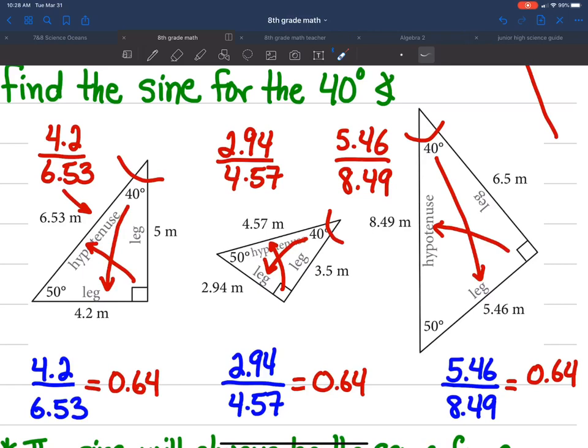Similar means that their angles are the same, and the ratios of their sides are the same, which we have right here. Even though they are different sizes, they are similar. The only thing that is different is their size.